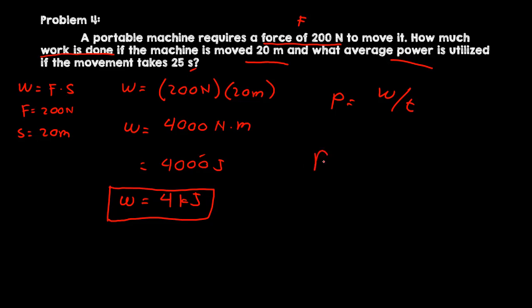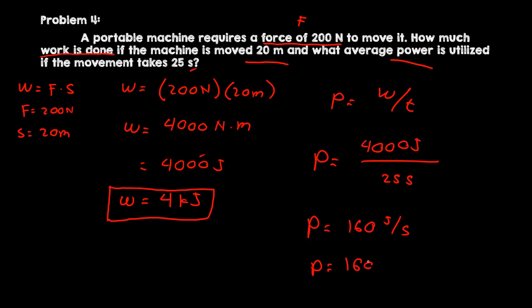So P is equal to 4,000 joules over 25 seconds. So our P in watts is equal to 160 joules per second. And joule per second is watts. So 160 watts.